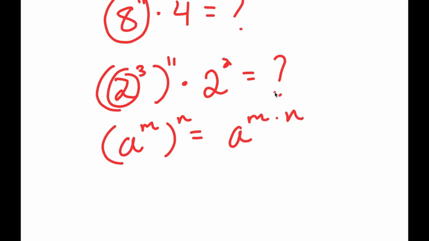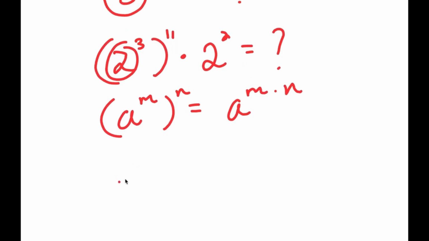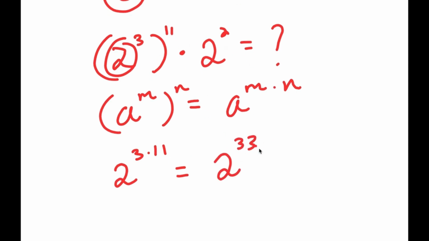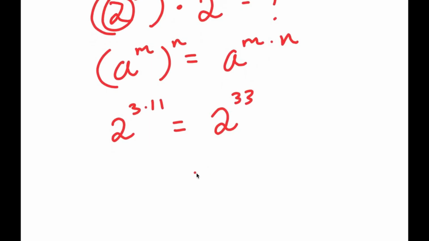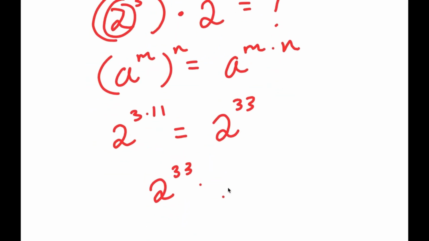So 2 to the power of 3 to the power of 11 is going to equal 2 to the power of 3 times 11, which is equal to 2 to the power of 33, because 3 times 11 is 33. So now I have 2 to the power of 33 times 2 squared.